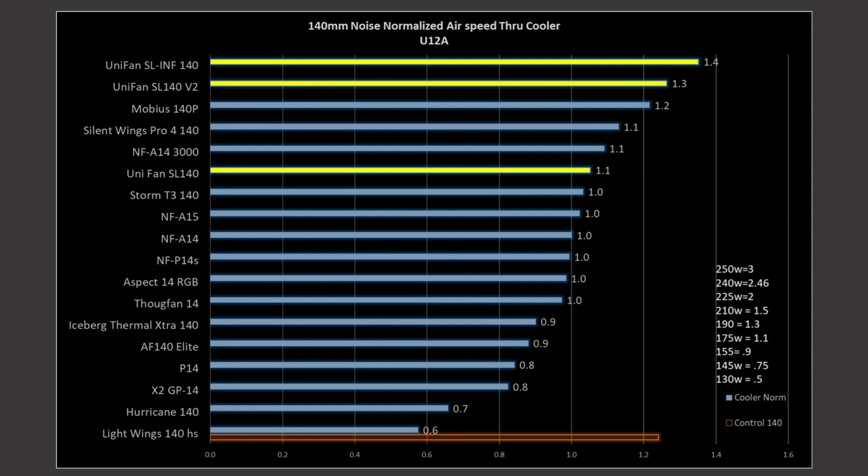And at higher wattages, so there are a bunch of limiting factors within CPUs. As you increase wattage, clock speed is not a linear improvement. So at higher wattages, you get less and less improvement for your clock speed as the wattage increases. In a similar way, airspeed traveling through your cooler does the same thing.